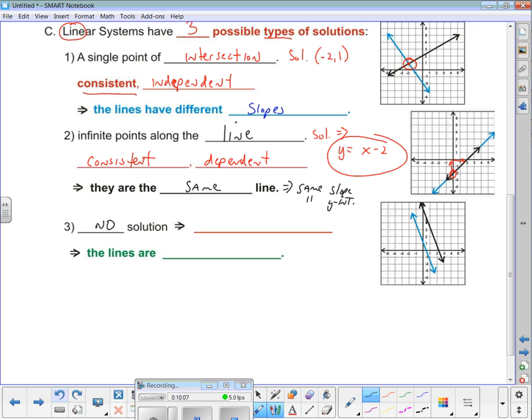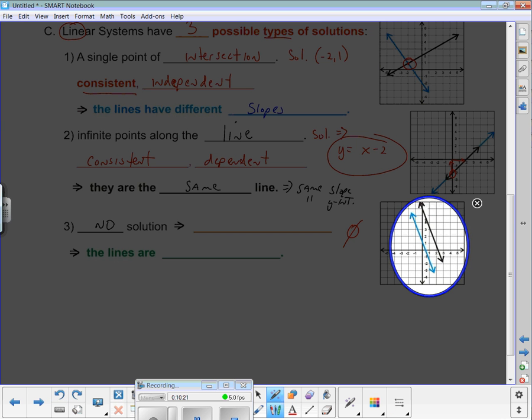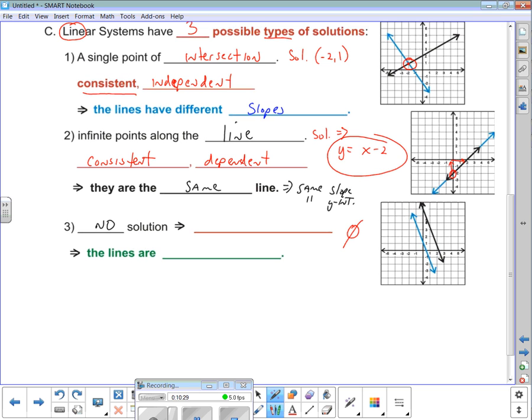All right, third scenario, no solution. What would you call the solution in this? It's the null set, right? There is no solution. And look at our example here. Where do those intersect? The answer is nowhere, right? You take a look at those two lines, and where is the point of intersection? The answer is nowhere, and they never will by definition of parallel lines. So consistent is when there is a solution.